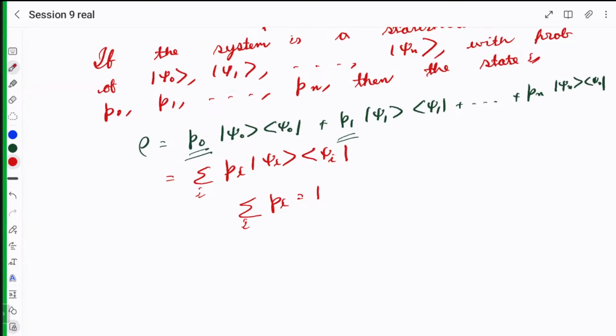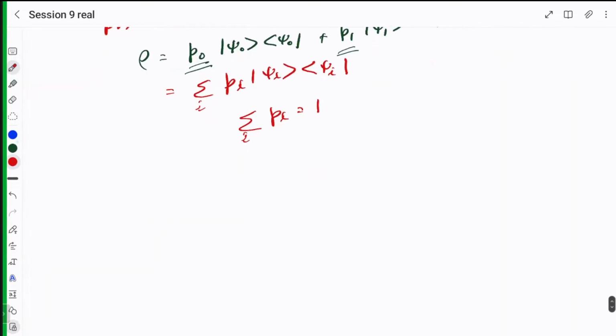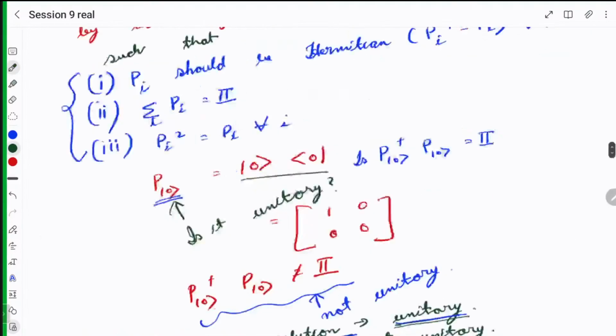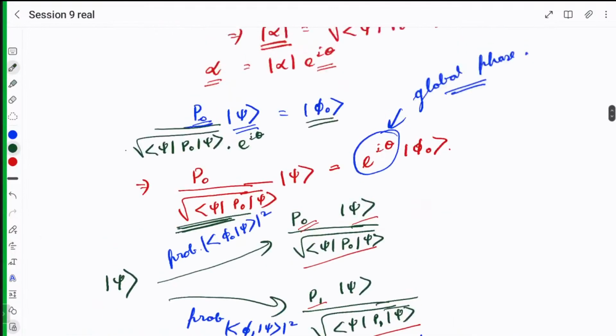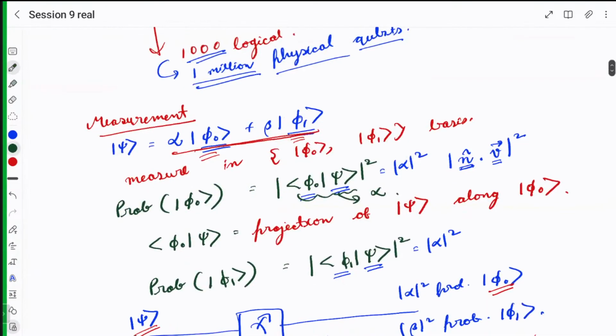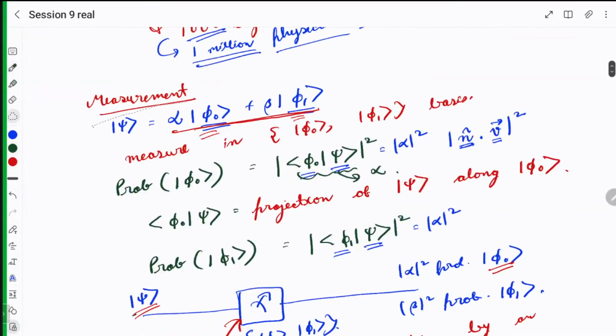Okay, so now let's try to see what the Born rule becomes. The Born rule was nothing but what we discussed in the beginning of the class. This is what the Born rule says for a pure state at least.